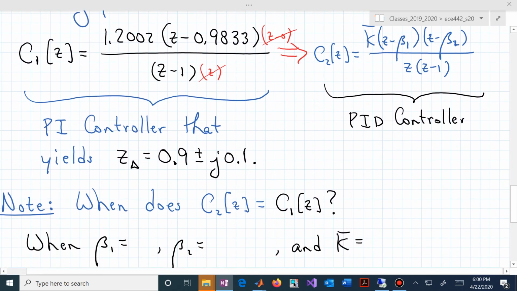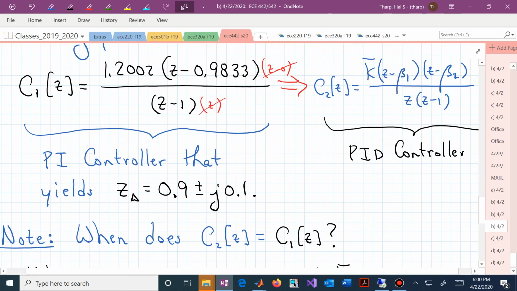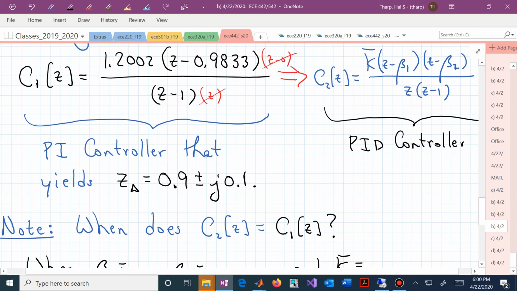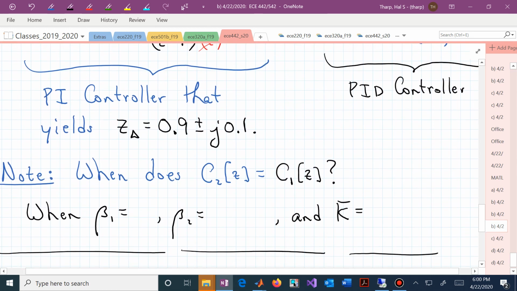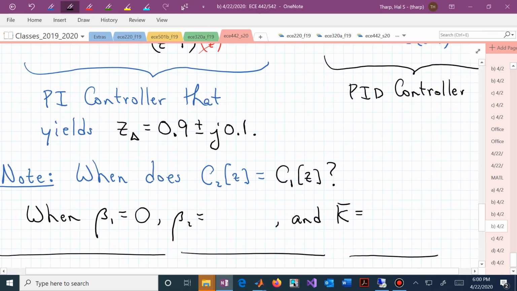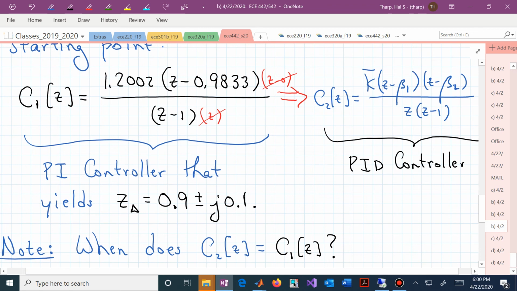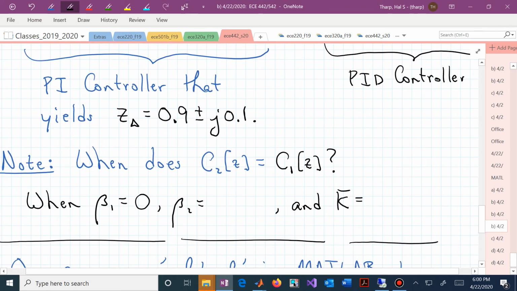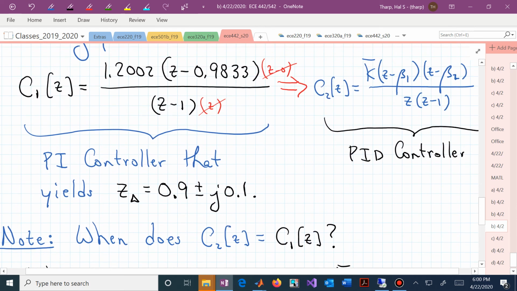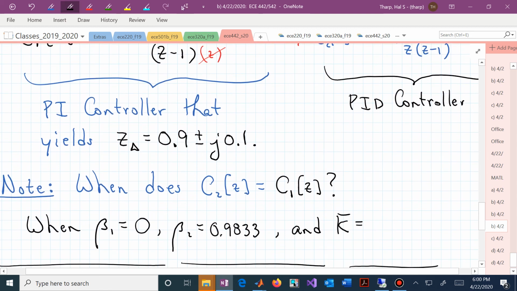Let's just assume that this rightmost 0 factor is the z minus beta 1 factor. That one now has beta 1 equal to 0. Beta 2 is that original 0 location in our PI controller, and the k bar is the same gain value of 1.2002.